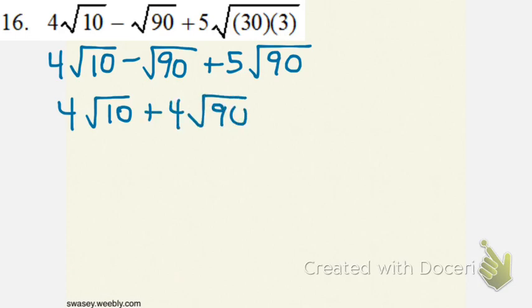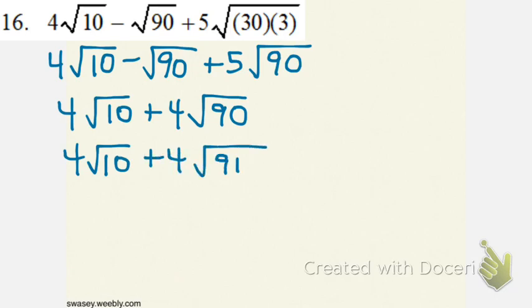Square root of 90. Now the square root of 90 we can rewrite as 9 times 10, because 9 is a perfect square. Square root of 9 gives us 3, so we have 4 root 10 plus 4 times 3 root 10.